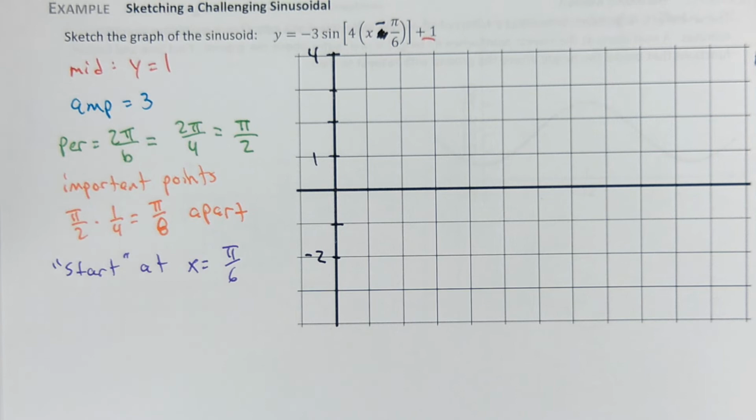So what do we want our x's to go by? What I would suggest you do is find the common denominator. Common denominator between over 8 and over 6 is over 24. So instead of saying that they are pi over 8 apart from one another, we're going to say they are 3 pi over 24 apart.